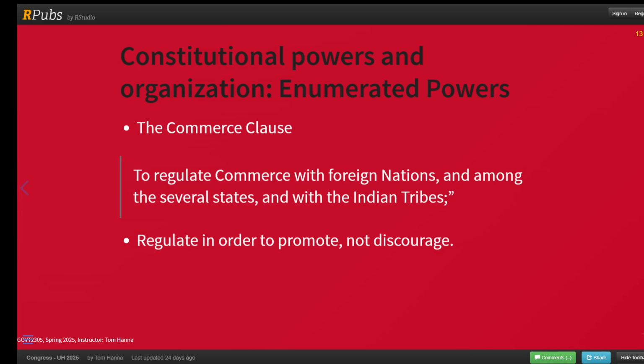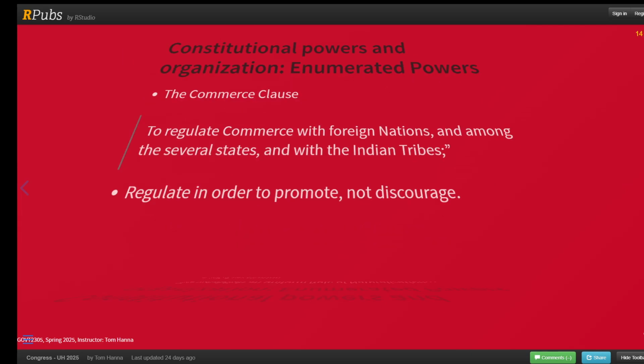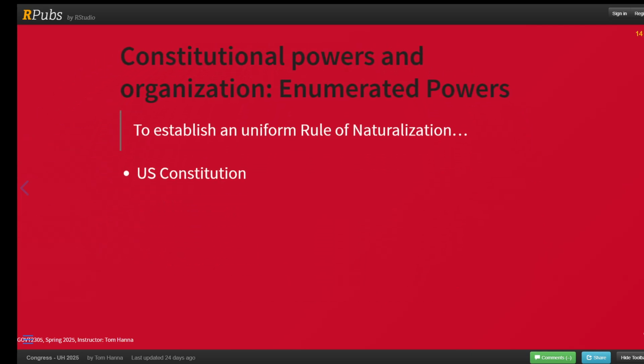That is, to make commerce ordinary, to make commerce regular, to make it happen all the time. It was to have more commerce, not to have less. So this is regulating in order to promote. And quite often Congress forgets that the purpose of the Commerce Clause was not to shut down commerce, that is business. It was to make more of it. So that's to regulate commerce is in there.